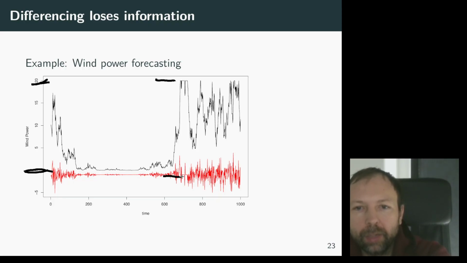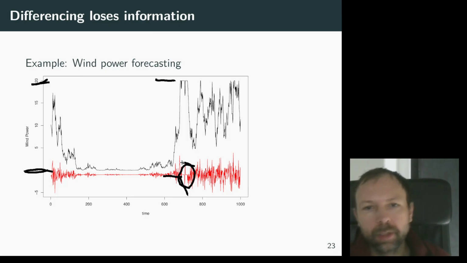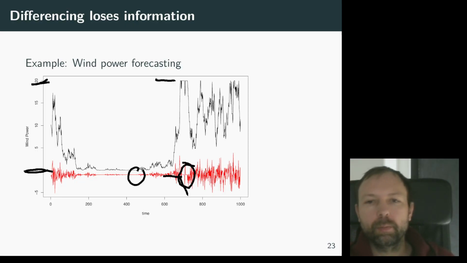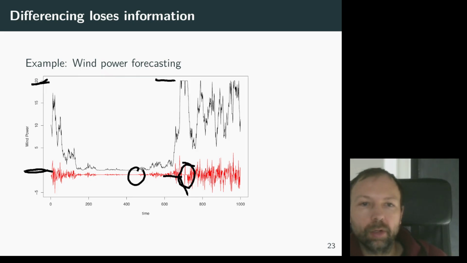So you stay where you are and then you go down. And from the 0, we can only stay where we are and then go up. But that information gets lost when we difference, because everything is mapped to a 0 in the difference series. So this information that we can either only go up in the future or only go down in the future, that information is lost through the differencing.